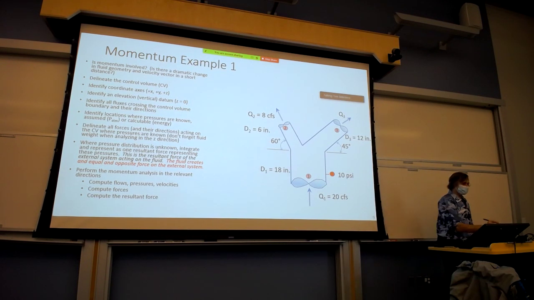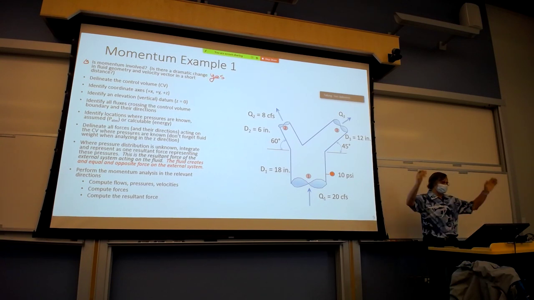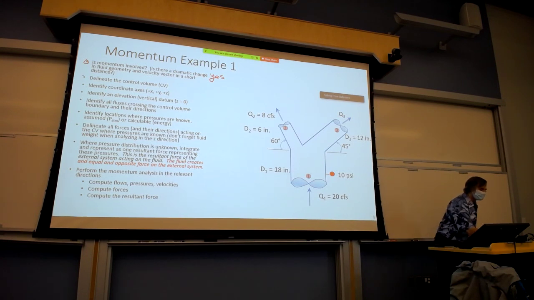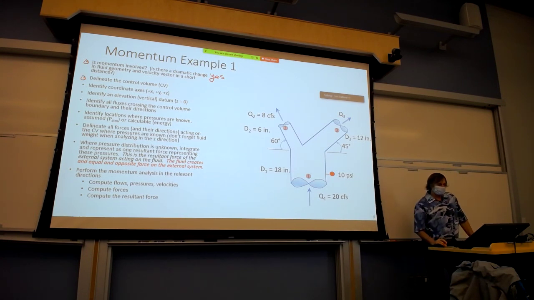So first problem. Is momentum involved? Is there a dramatic change in fluid geometry, velocity vector, short distance? Yes. So now you follow the rest of the steps. The next thing, we need to delineate the control volume. And so again, the control volume is going to go to where we have one-dimensional velocity vectors.